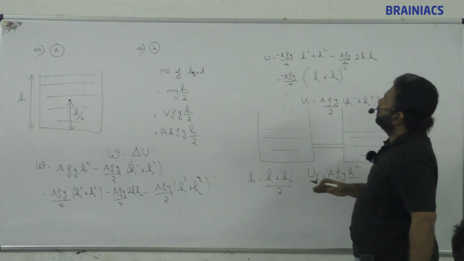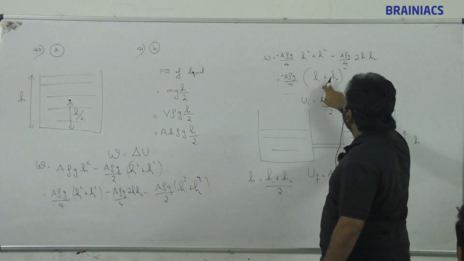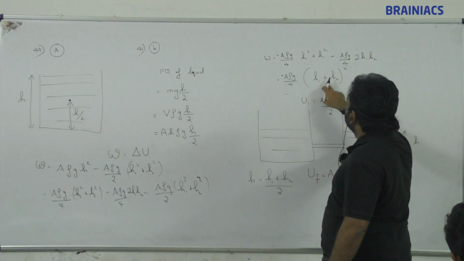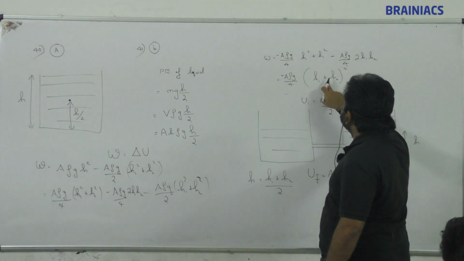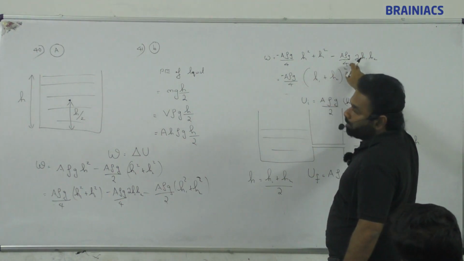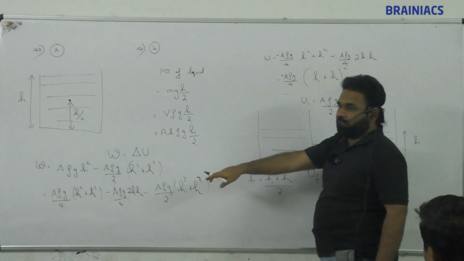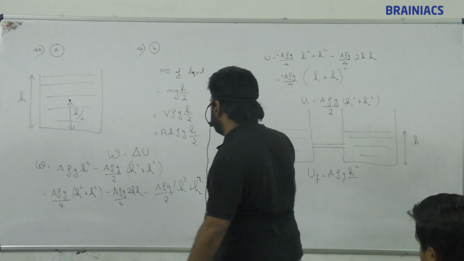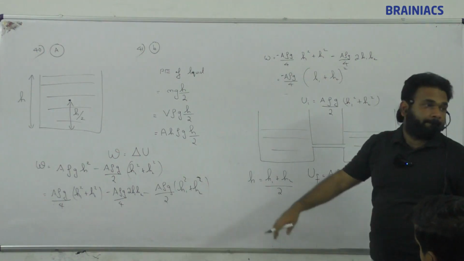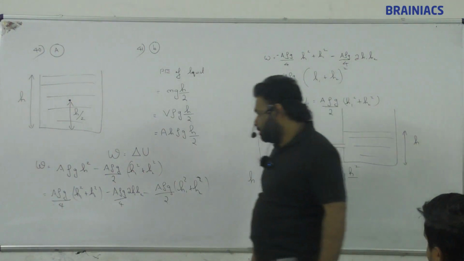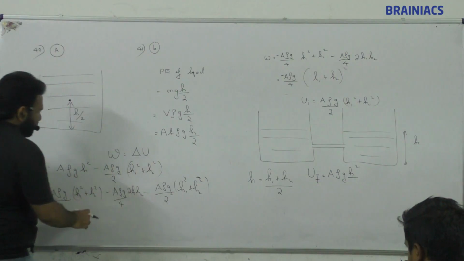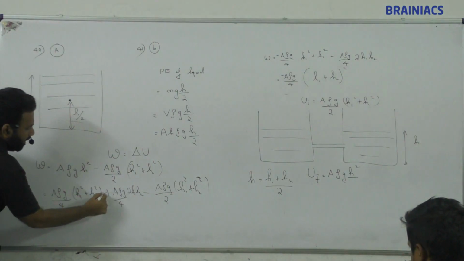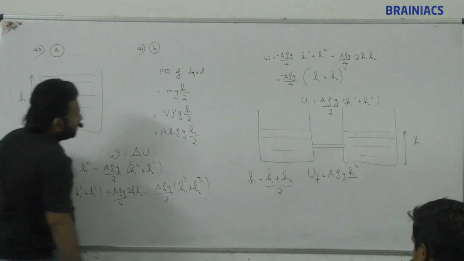If we put minus inside, everything will become negative, no? So somewhere some mistake might have happened. Where is it? Plus 2a, h1 square plus h2 square plus 2a. Okay, unnecessary minus came.